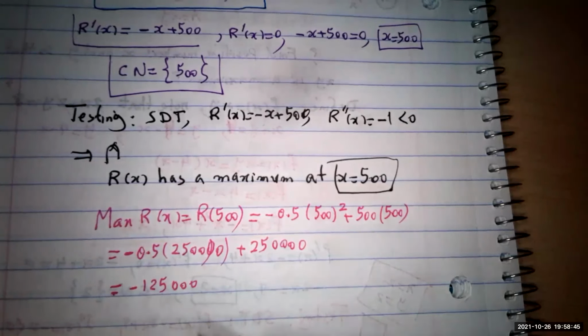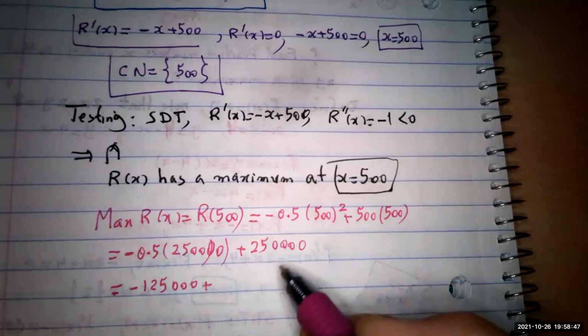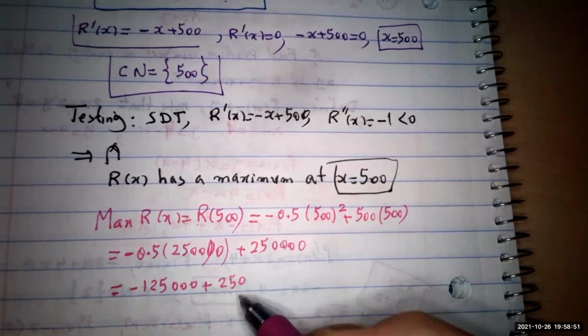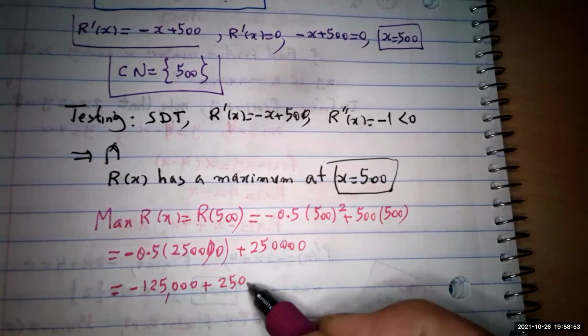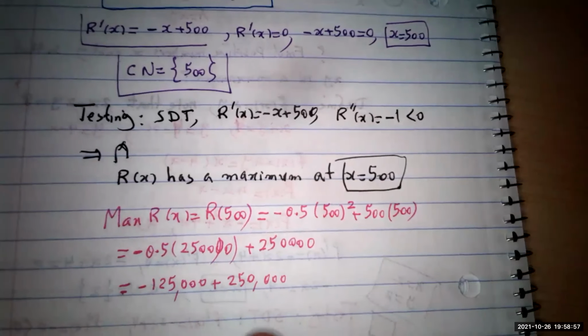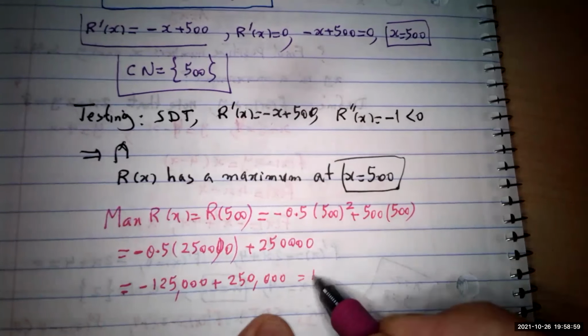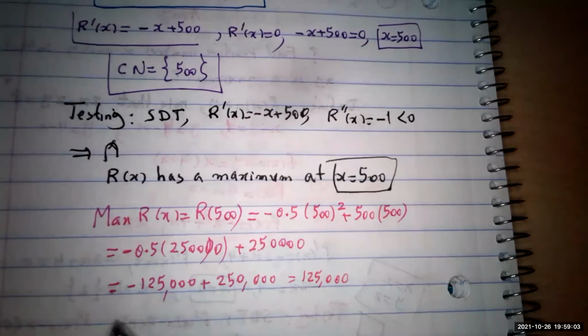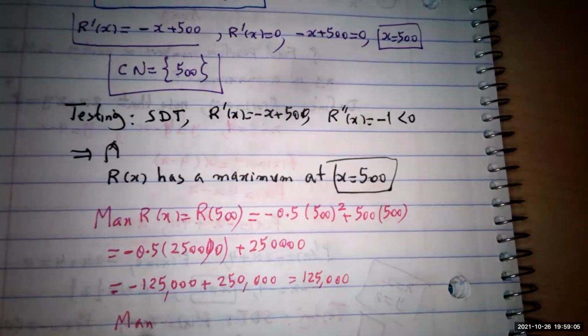You can use your calculator. And this is going to be 250,000. Okay, this is 125. This is 250. So when you subtract it, the leftover is going to be 125,000. So the maximum revenue, money.